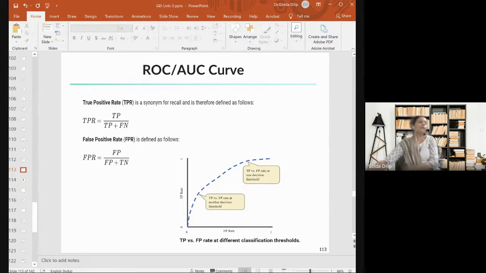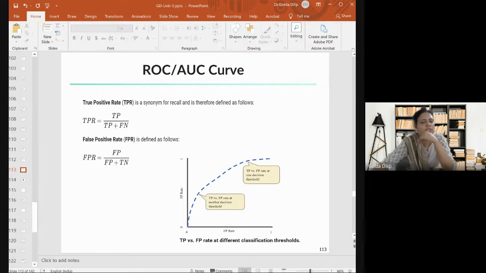If you ask me what FPR and TPR are, TPR we have already seen. TPR is also called true positivity rate, sensitivity or recall. You can call it by different names. True positivity means the fraction of positive instances that are correctly predicted as positive.